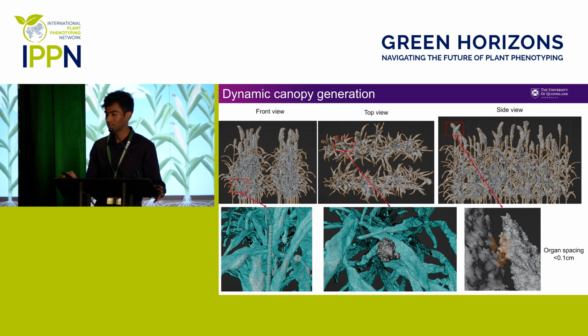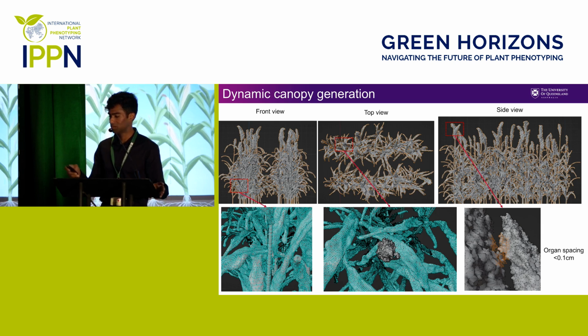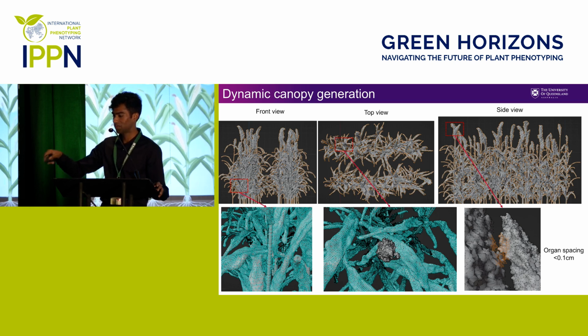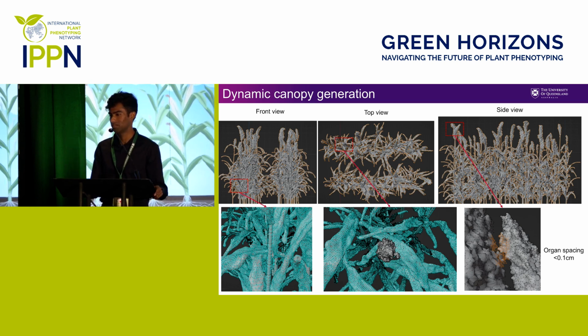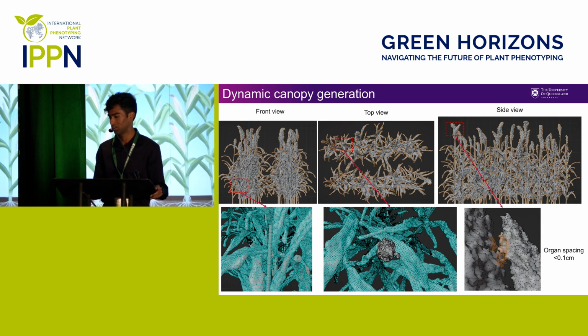After loading the panicle and the stem models, we create a bounding volume tree for all the existing objects within the scene, and then we track the space occupancy to prevent any overlaps. Finally, when you load the leaves, it's essentially a search and optimization problem where you have a set of available internode junctions and you try to fit different leaf angles and leaf inclinations in a way that they don't overlap. This allows you to generate consistent and dense canopy structures with sub-centimeter level organ spacing.